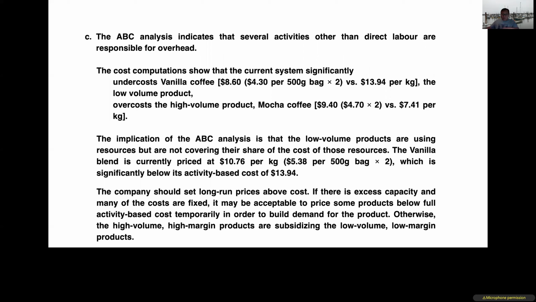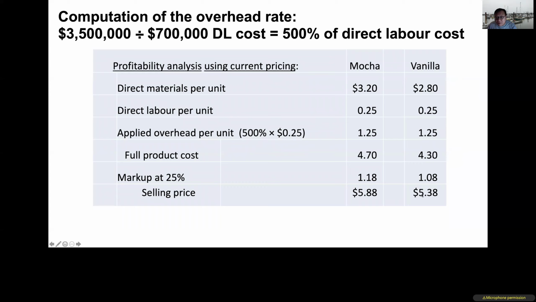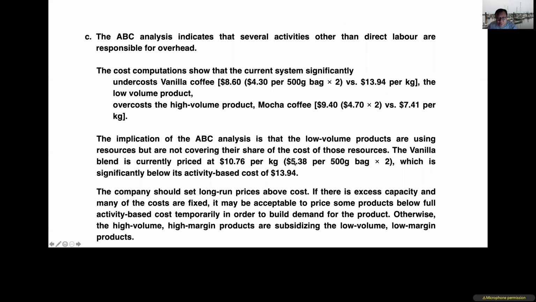And what is vanilla priced at? Vanilla is priced in part 1 at 5.38, but that's only for 500 grams, so you multiply by 2 to get the 1,000 grams. So for every kilogram of vanilla, the selling price is $10.76.